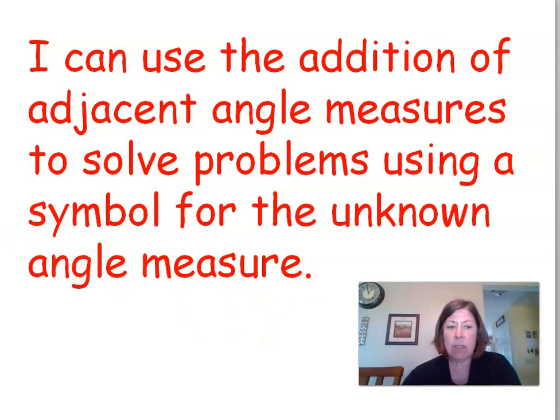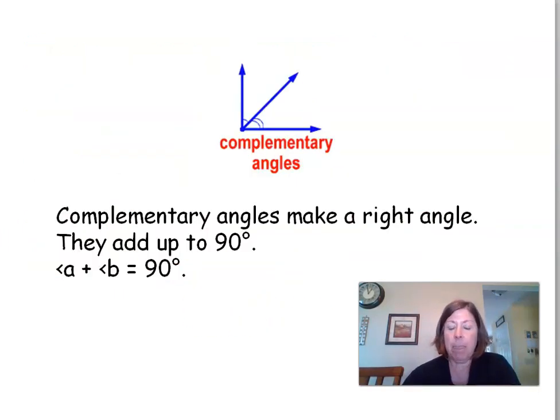So now let's go to our different types of angles. Complementary angles, and there's that picture again. You might have already noticed this. Complementary angles make a right angle. So right here, I have a right angle.